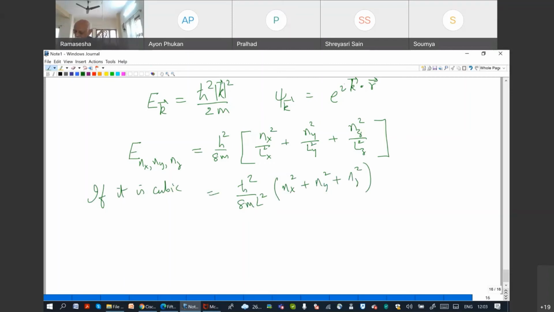Right? So this you can actually write as, no, it's not h cross squared, sorry. So this you can actually write as h cross squared by 2m times nx by 2 pi L.